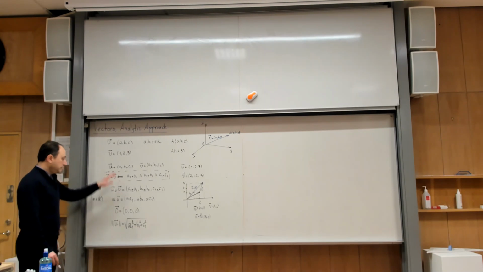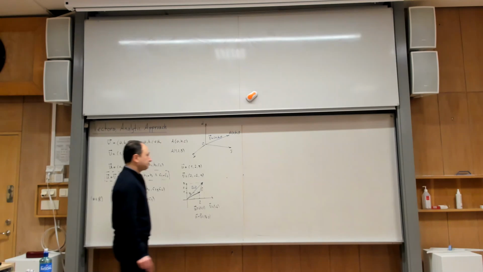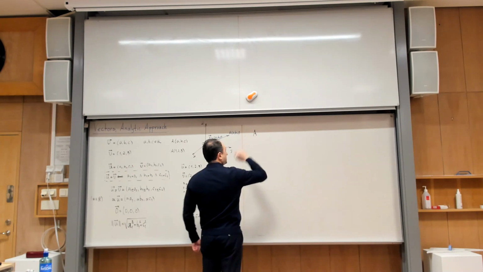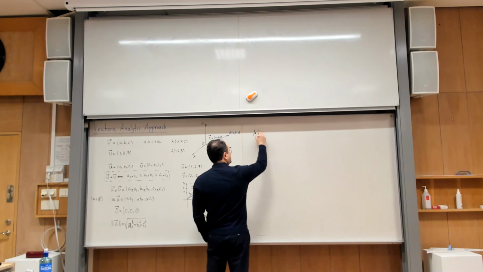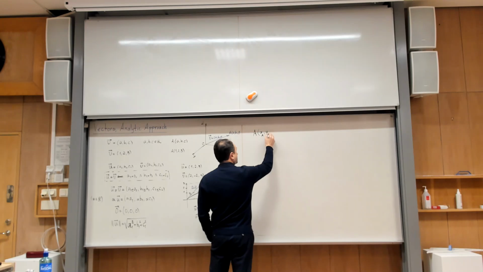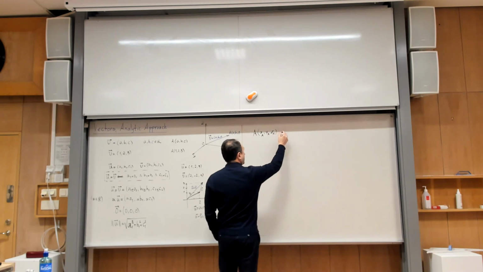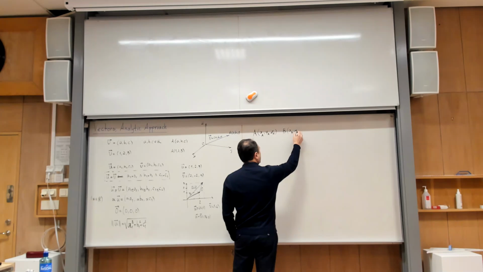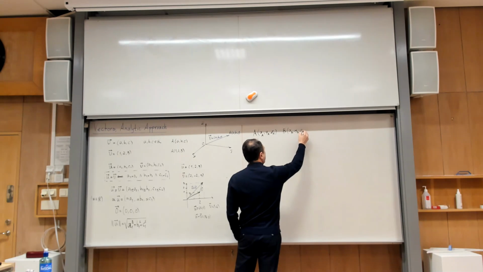Okay. One thing that I want to add is this one. So if I give you 2 points, not vectors, if I give you 2 points with coordinates x sub a, y sub a, and z sub a, and x sub b, y sub b, and z sub b.